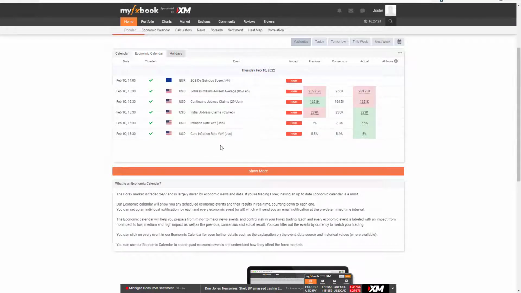US inflation rate. I believe that the inflation rate caused the spike. I'm not good with the numbers, but this means the strength of the dollar.